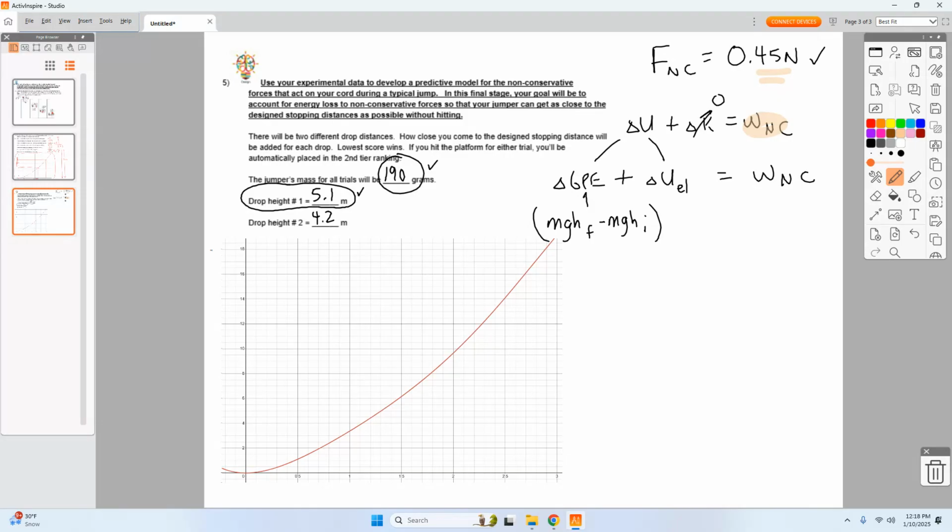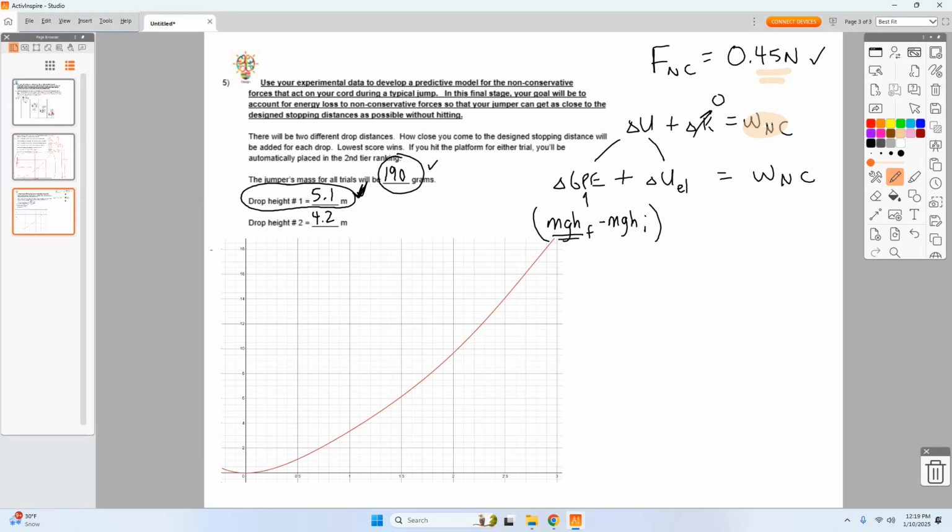For this problem, we're going to allow them to go all the way down to the ground, or down to the 5.1 meters, which means that this term, mgh final, will be 0 when we design it to take into account the non-conservative force. So that term is 0. The mgh initial, of course, represents the amount of mass held at the 5.1 meter height.